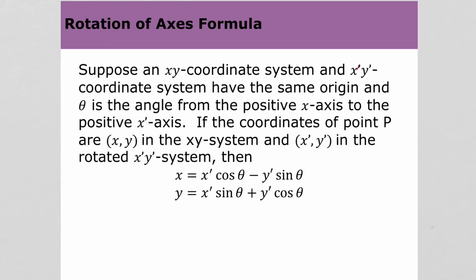That's what these little apostrophes are called. So let's talk about this. Suppose an xy coordinate system and x prime, y prime coordinate system have the same origin and theta is the angle from the positive x-axis to the positive x prime axis.